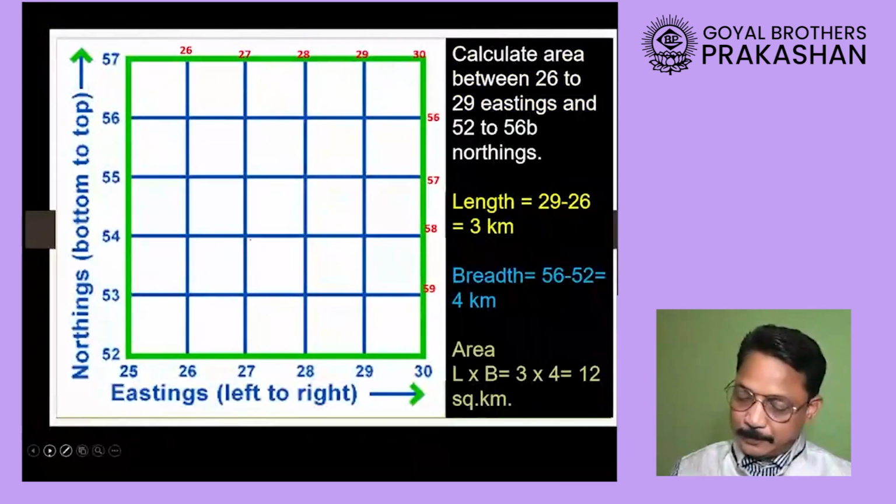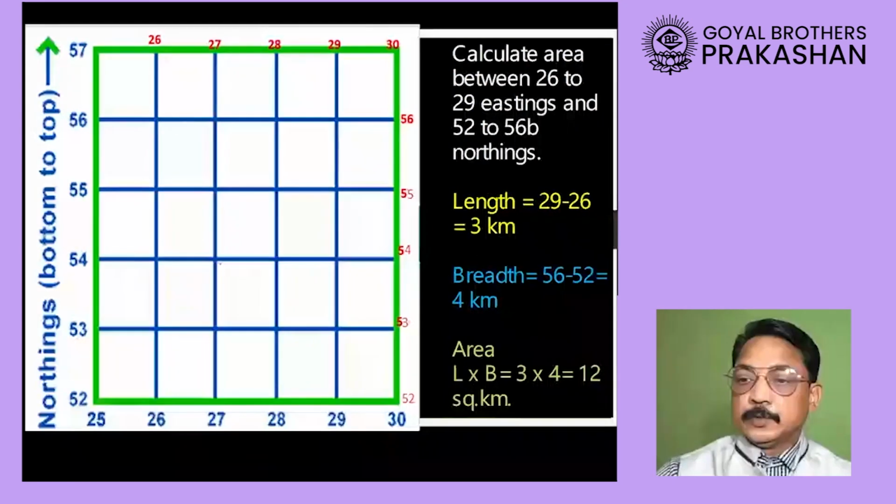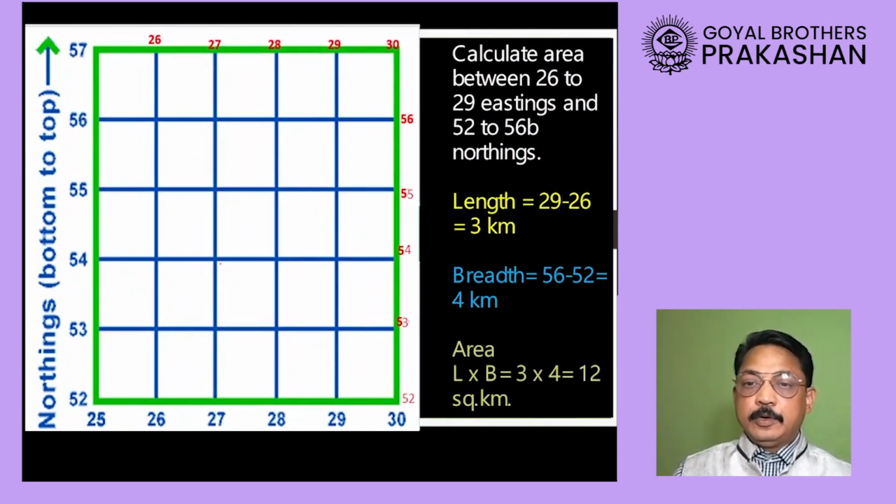Now the next important point, dear students, is to calculate area. You will have to be very careful when a question related to finding the area is asked. Please remember the distance on a map is found in a unit called centimeter, but on the ground the distance is found in kilometer.